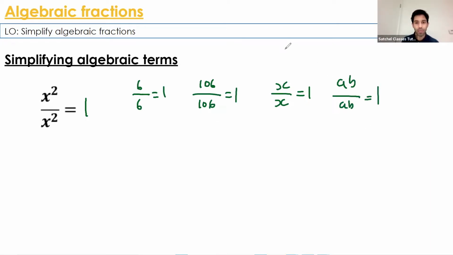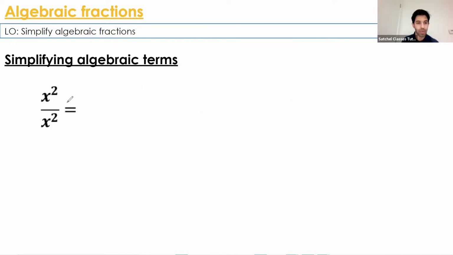Now, another way of looking at this, which will be helpful when we're simplifying algebraic fractions, is that x squared over x squared can be written as x times x divided by x times x. Now, over here, the x's will cancel out. So this x divided by this x will give us 1 over 1. It's not going to be 0, just because they cancel out, it doesn't mean we'll have 0 over 0.